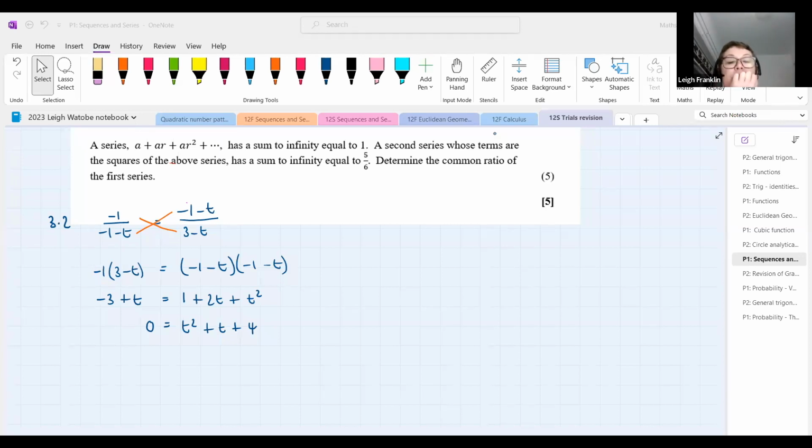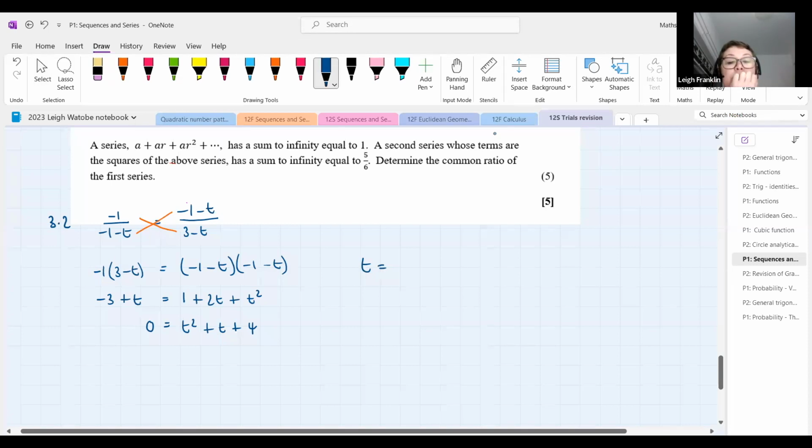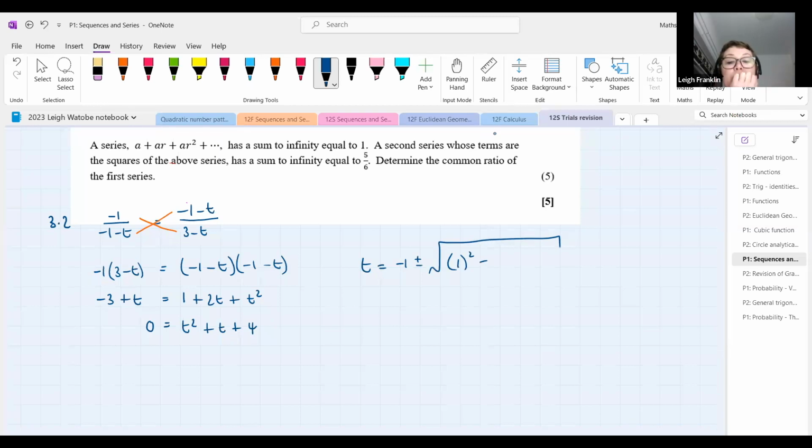Okay, so if we said t equals -1 plus or minus, and then here we ended up with 1 squared minus 4 times 1 times 4 over 2 times 1. What's going to end up happening when we put that onto our calculators?